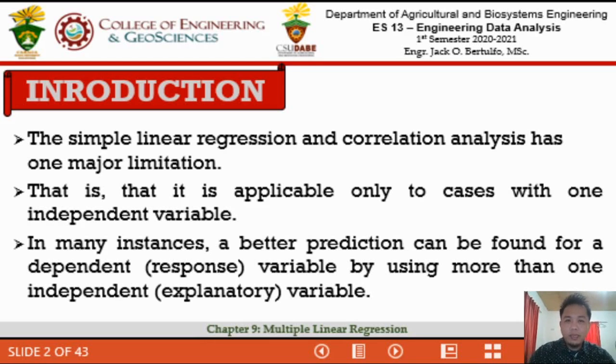But in many instances, a better prediction can be found for a dependent or response variable by using more than one independent variable. Because this is the reality, if you're doing an experiment and trying to predict something, let's say you want to predict your final grades in AS13, so you're trying to create a model.